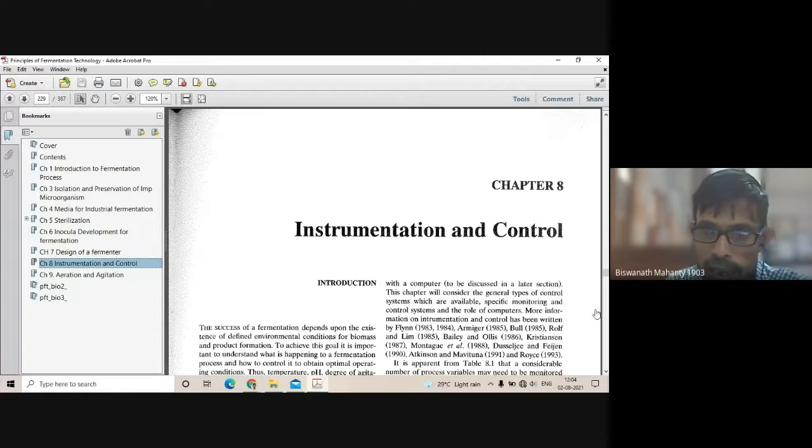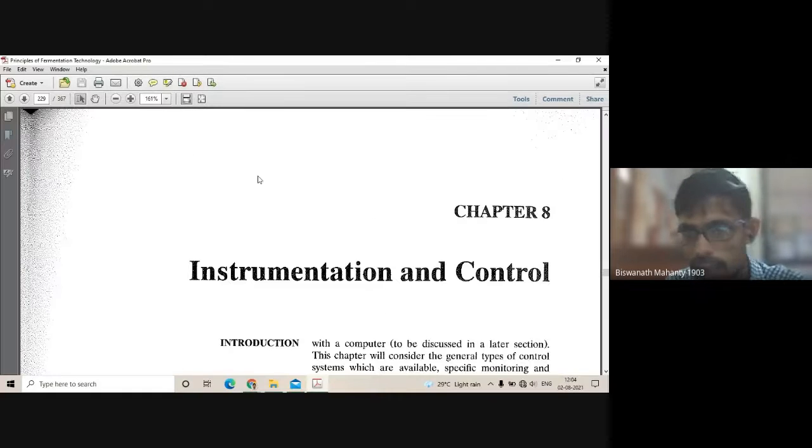You can always keep track so that you will not be misguided. When we are talking about instrumentation and control, you need to know what things we are going to measure and how we are going to control.